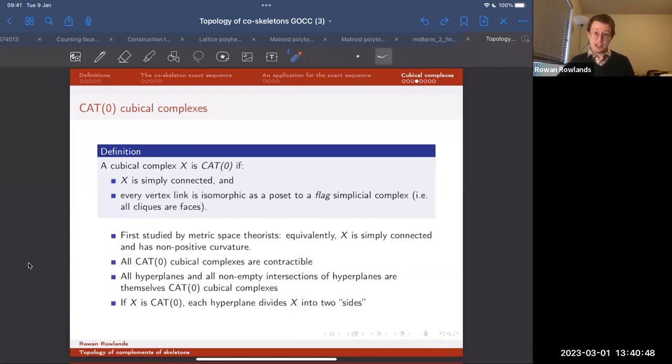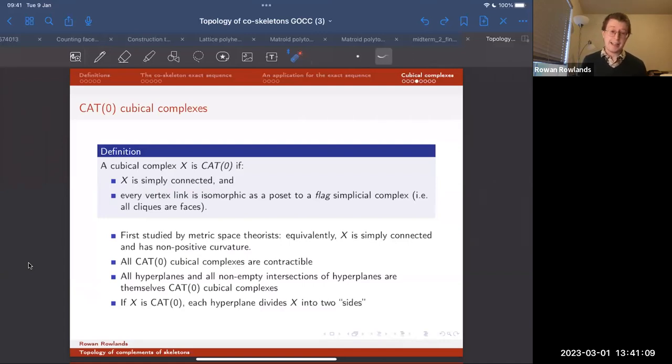There are a bunch of other nice properties of CAT(0) spaces that are more relevant today, though. For example, every CAT(0) space, and also a CAT(0) cubical complex, is not just simply connected, it's actually contractible topologically. So really simple from a topological perspective.